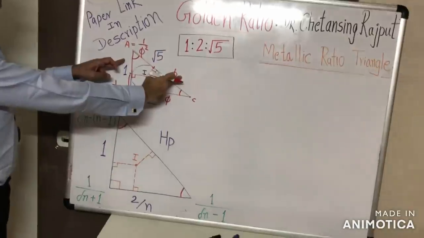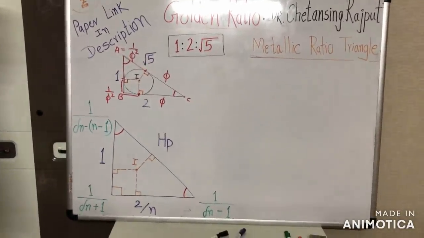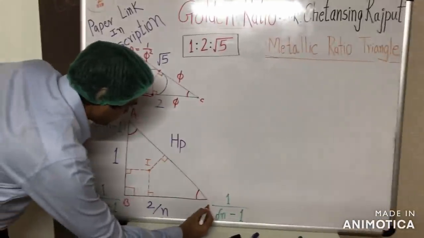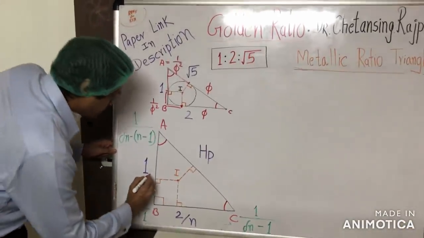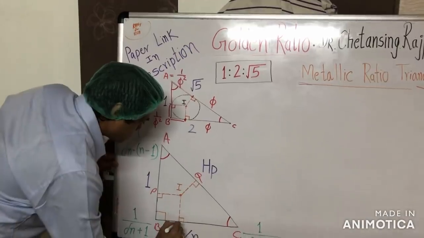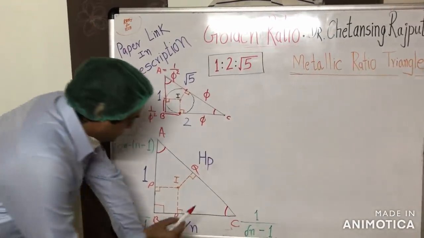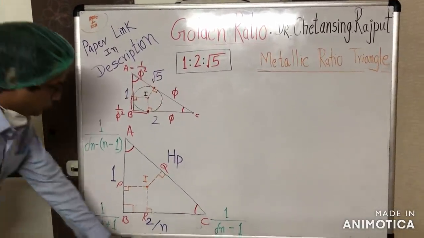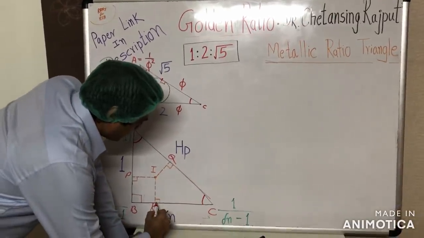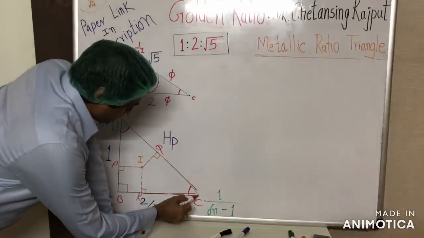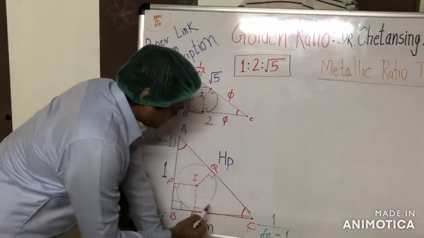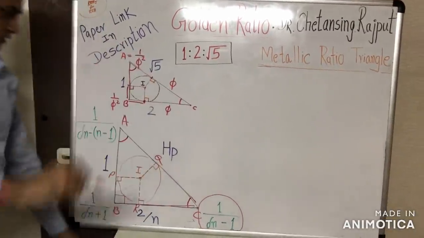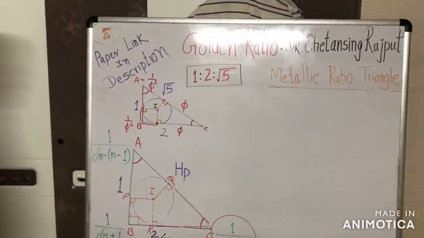All these things can be generalized in the generalized metallic ratio triangle. Like suppose A, B, C is the generalized metallic ratio triangle. I is the in center, and this P, Q, R are the touch points of in circle. Then these distances can also be expressed just like golden ratio triangle, like this QC and this RC. Means tangent from vertex C to the in circle, they can be expressed in terms of this value, 1 / that metallic ratio minus 1, QC and RC.